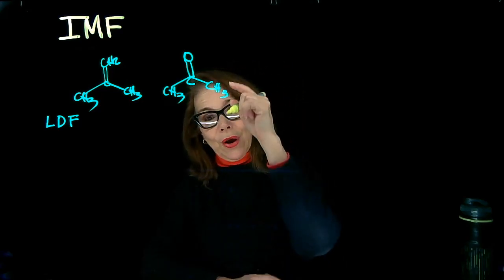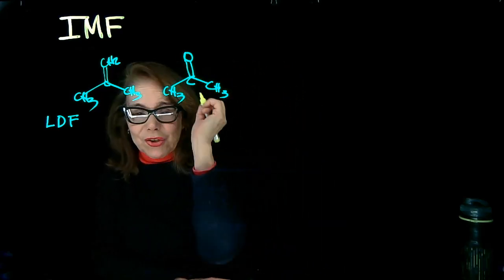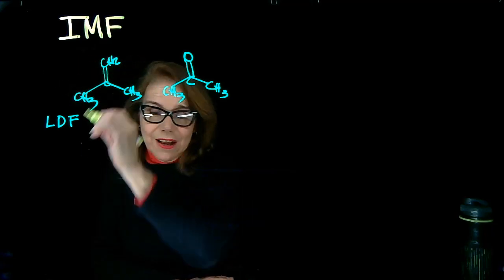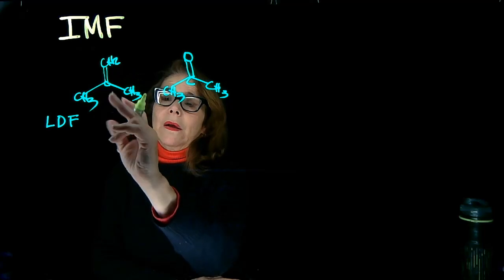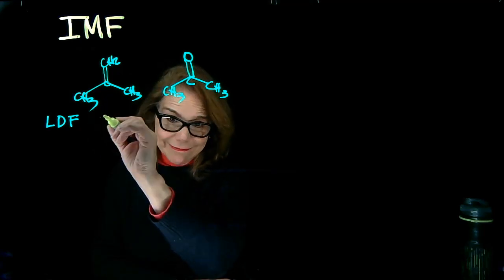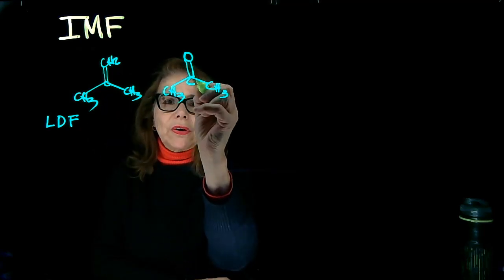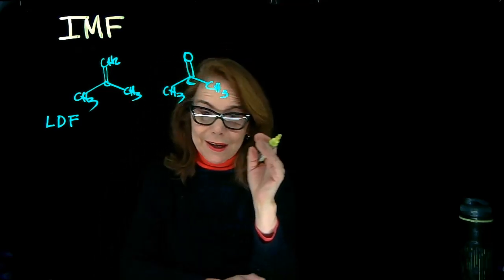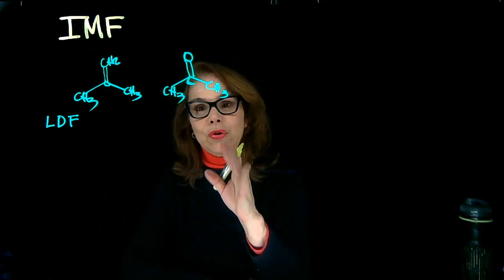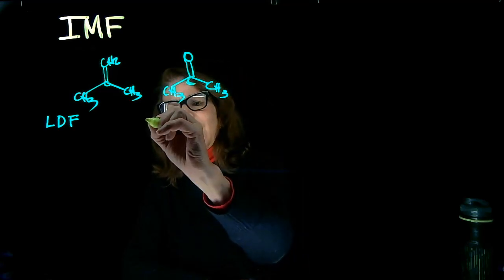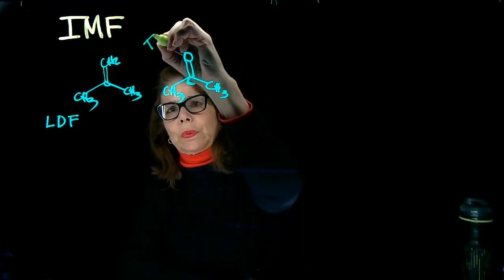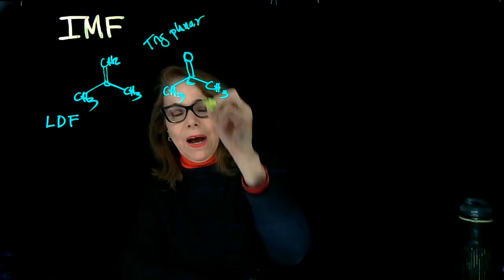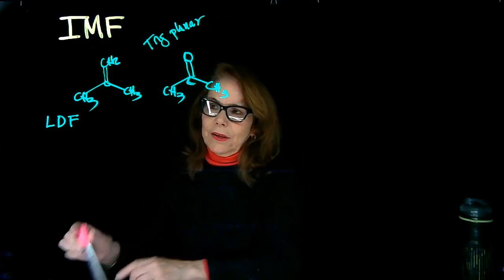Let's talk geometry. Considering just the carbons, the carbons are in the same plane. In acetone, the oxygen, carbon, carbon, carbon all lie in the same plane. Not considering the hydrogens, the geometry about the central carbon in both molecules is trigonal planar.